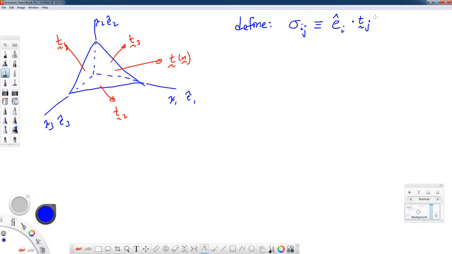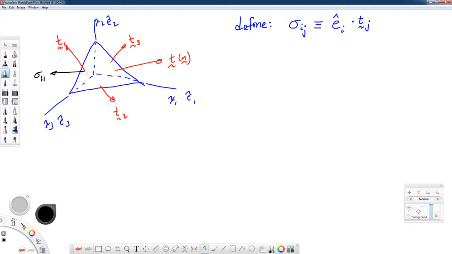So for example, on the one face, we're going to have a projection of T1. Let me use a different color. In the one direction. That is going to be our sigma 1, 1.